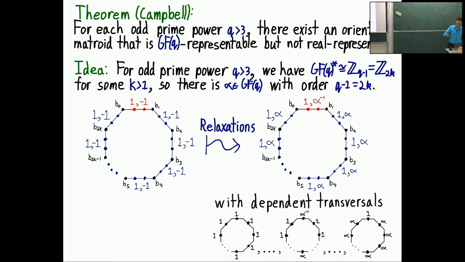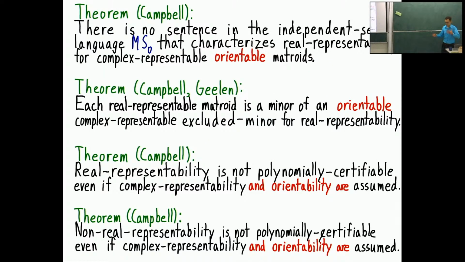And we can build upon this to make real representability seemingly just as bad as we had before. So orientability does not seem to help in any of these fashions, just because we have relaxations that break this idea of representability.